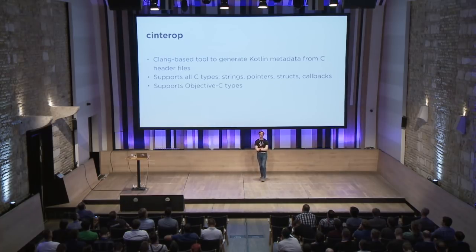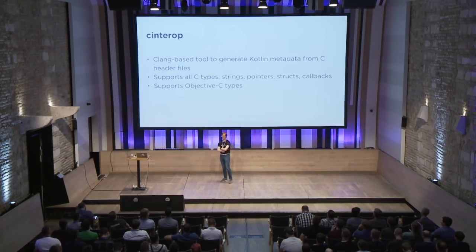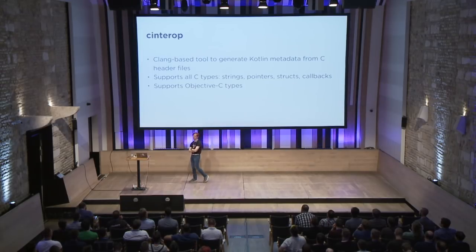It's built on top of Clang, the standard C compiler, so it's not just a bunch of regexes stitched together. It has an actual proper parser, and it supports all the C types and also Objective-C types, because we also provide interoperability with Objective-C APIs, which is essential on macOS and iOS.